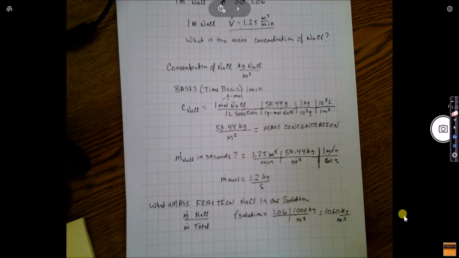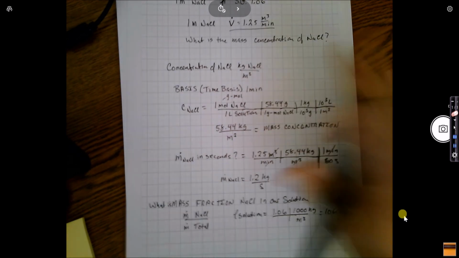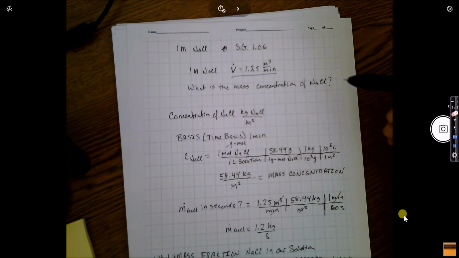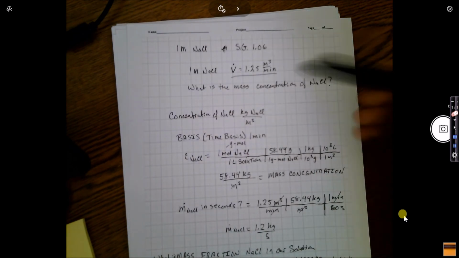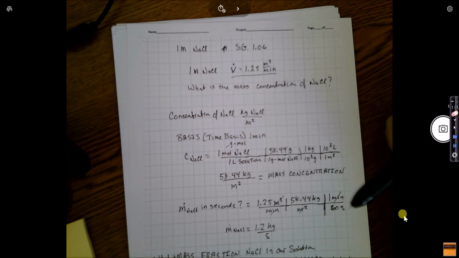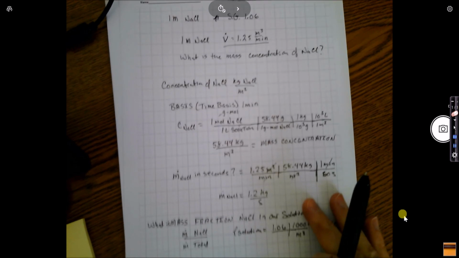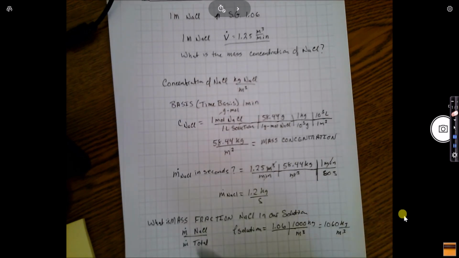Okay, so why do we bother finding our density? Well, we learned earlier in this video that density can be used as a conversion factor between mass flow rate and volumetric flow rate. We want to know the mass fraction of sodium chloride in our solution. To get that, we need the mass flow rate of sodium chloride, which we've already calculated, divided by the mass flow rate of our solution, or mass flow rate total.